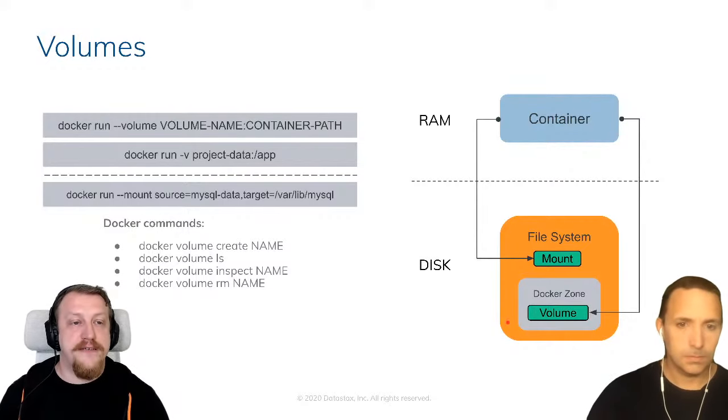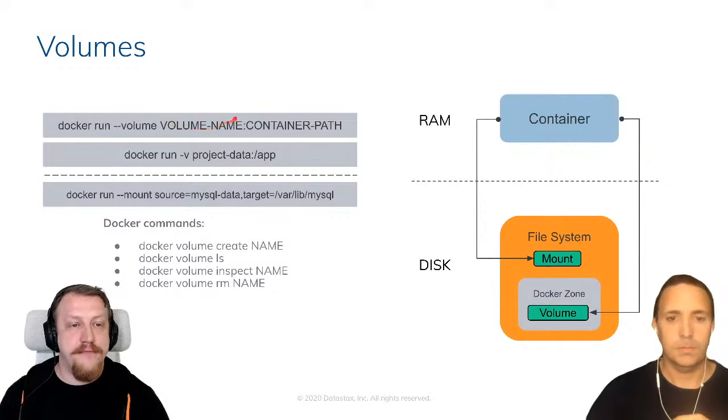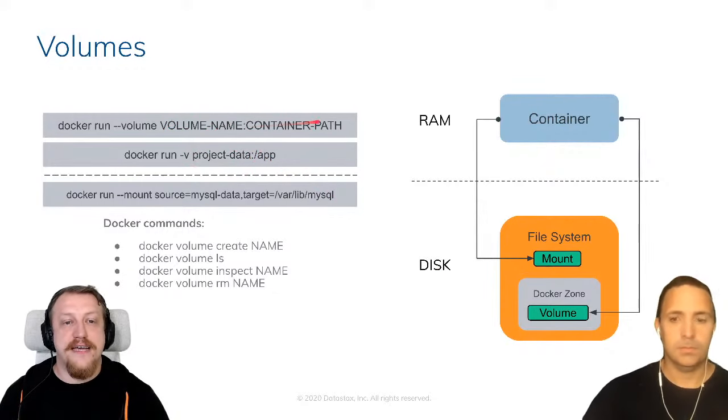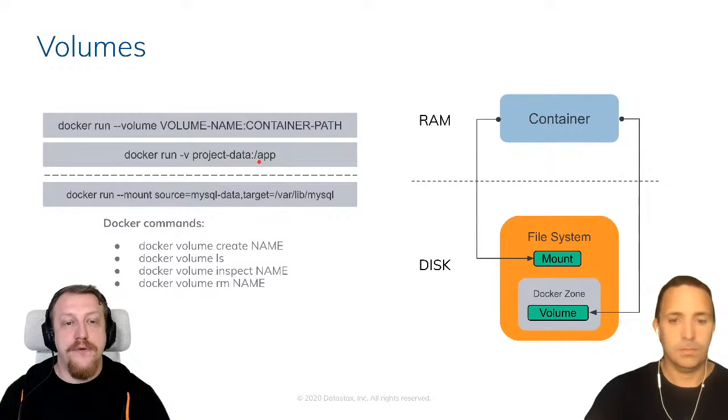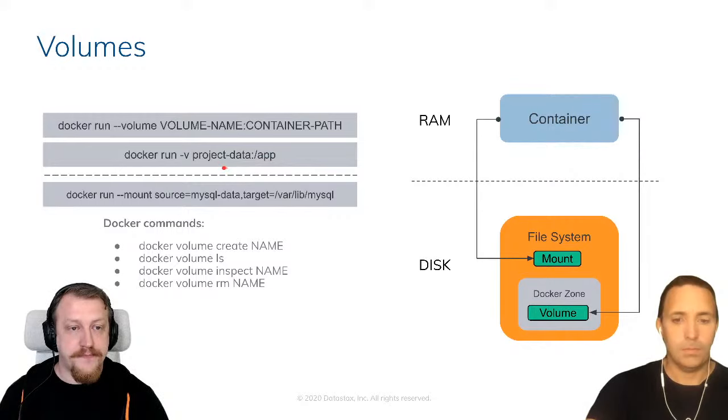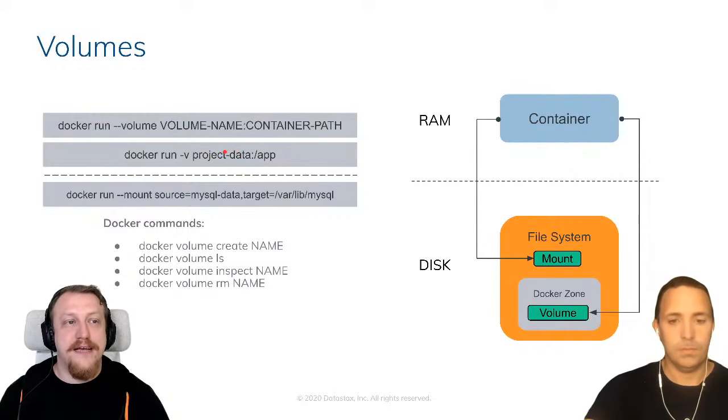Using dash v, first you specify the volume name, and then you specify the container path. So it will be /app in my case. So the volume named project data will be mounted to the target path /app on the container. And notice it looks exactly like the bind mounts, but that's the name.